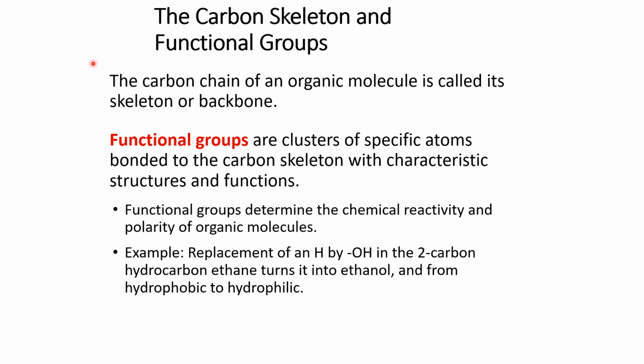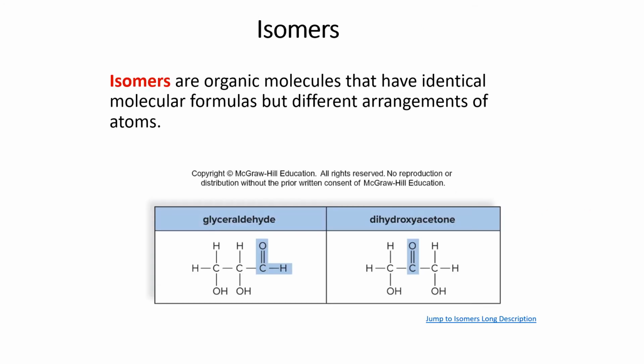So again, the functional groups will be added to our carbon skeleton, and that will add some reactivity to our organic molecule. And with organic molecules, you can get compounds that would essentially be written the same formula.